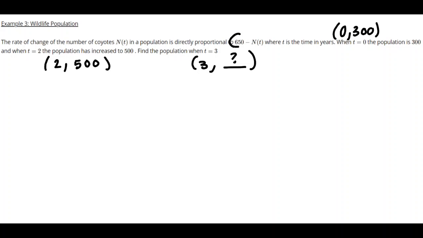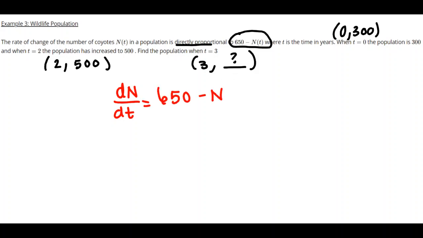So let's start off with the fact that it says that it is directly proportional. What this means is dN/dt equals 650 minus N, and then don't forget your k. Directly proportional means we have a rate k.